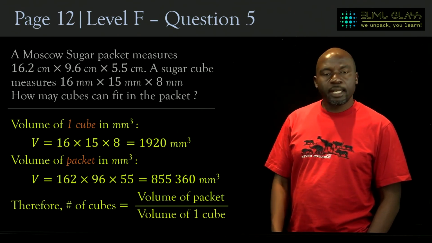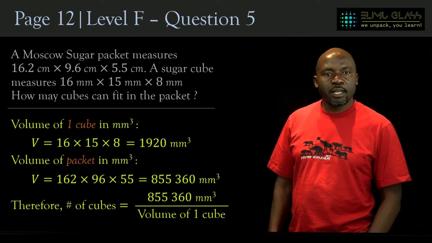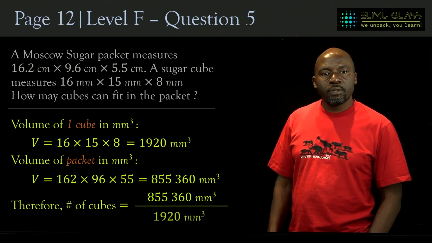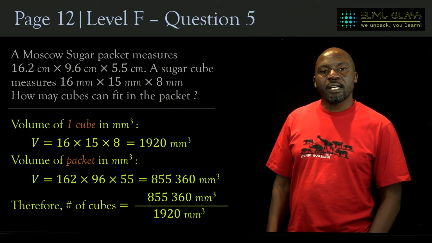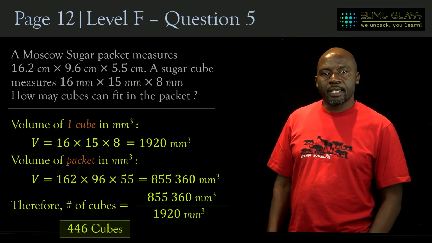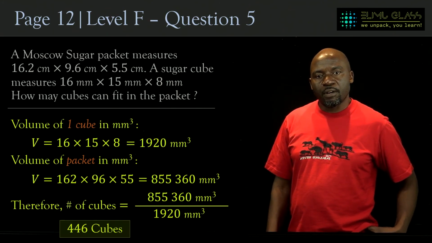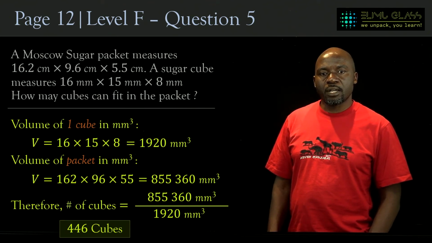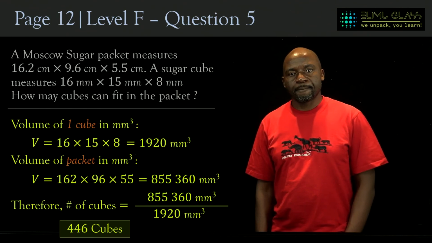The volume of the packet is 855,360, and the volume of 1 cube is 1920 cubic millimeters. If we divide that on your calculator, we get, I think it was, 445.5, and so I rounded that up to 446 cubes of sugar that will fit in the sugar packet.